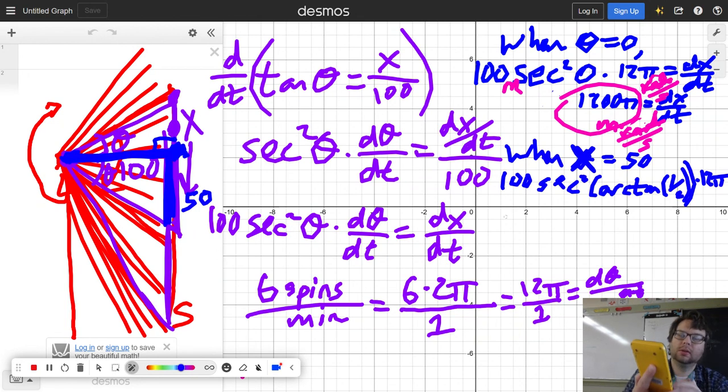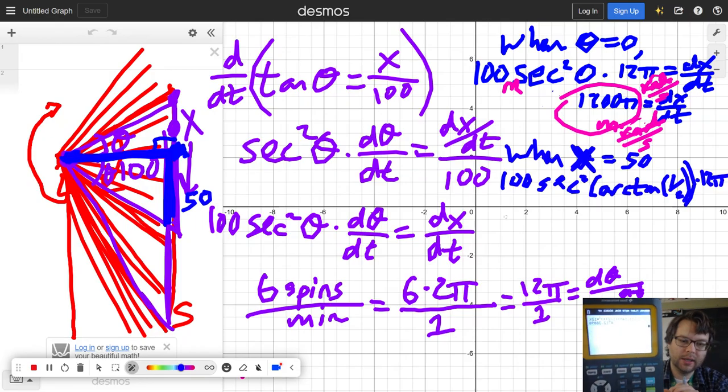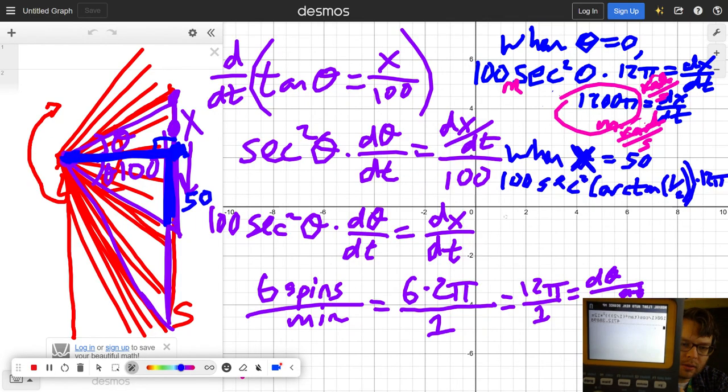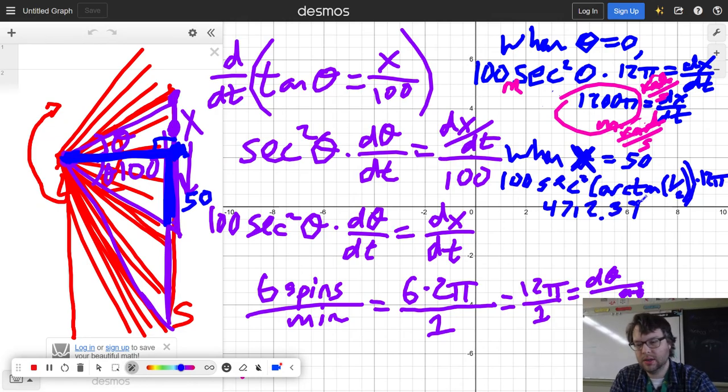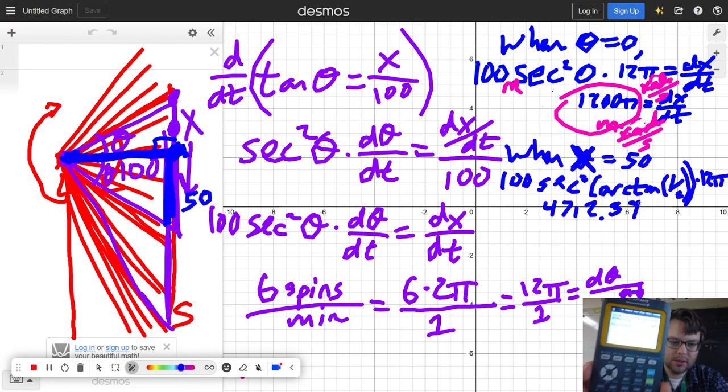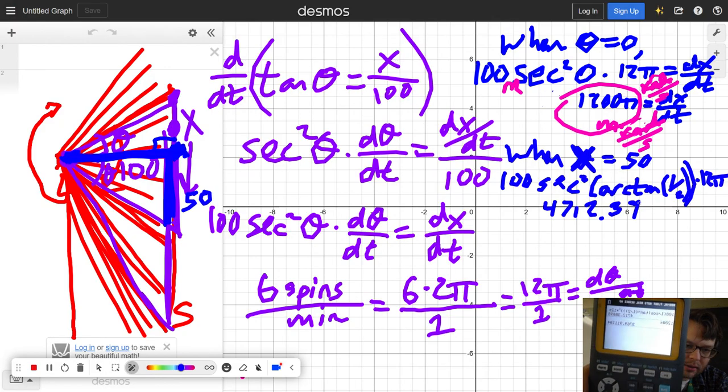So here's what that looks like in the calculator there. And so then I get 4712.39. The other one of 1200 pi was 3700.